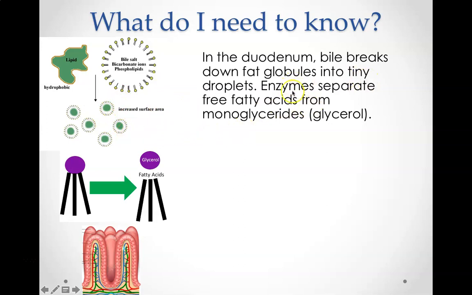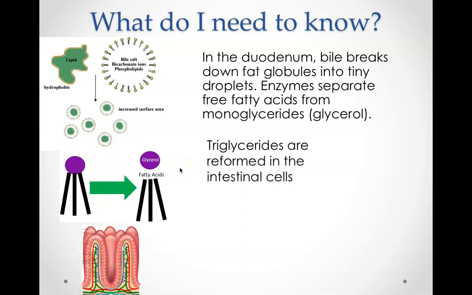Enzymes separate the free fatty acids from the monoglycerides. So basically, if you think about the triglyceride molecule, we've got the glycerol head and the three fatty acid chains. So we're breaking those apart using enzymes. So then those are going into these cells.